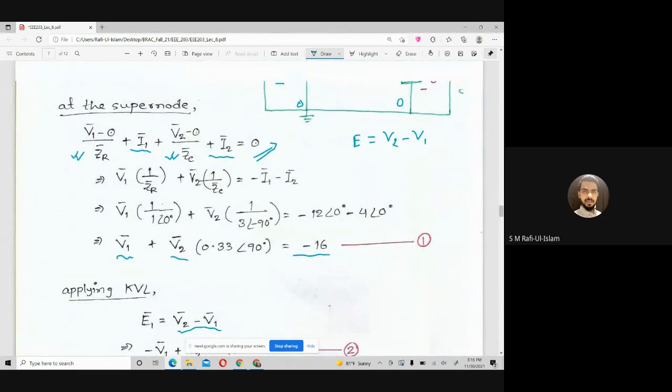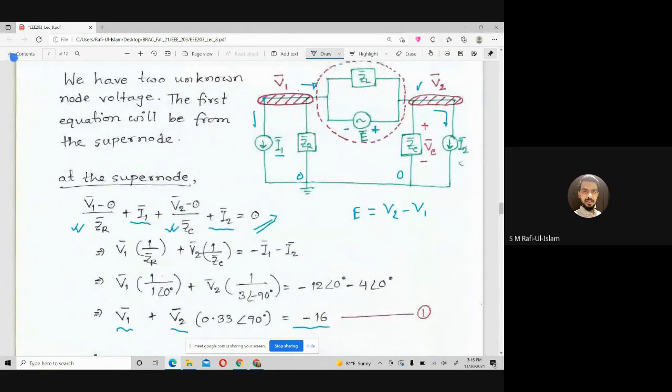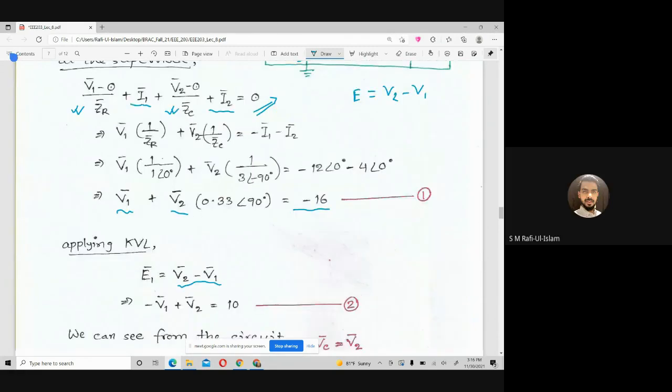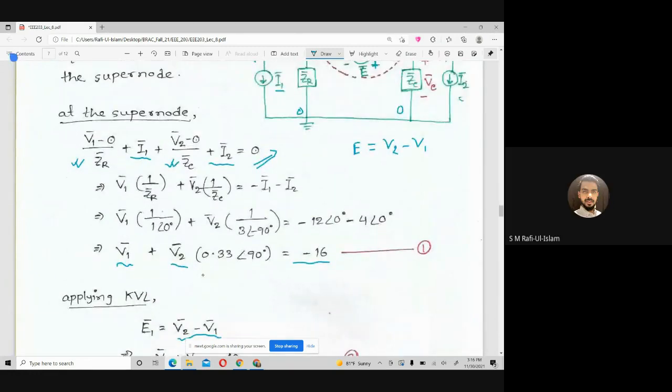Do you understand why V2 minus V1, not V1 minus V2? Yes, sir. Because the polarity sign is given, right? So now we can write this equation in that format, let's say negative V1 plus V2 equal to E.